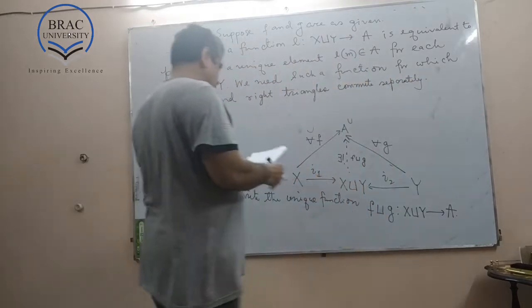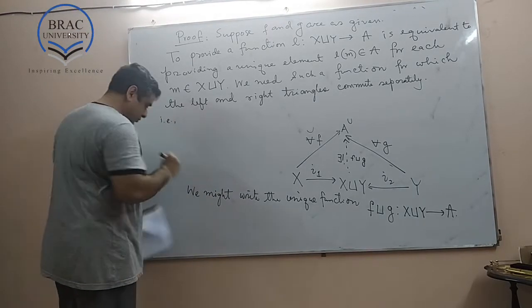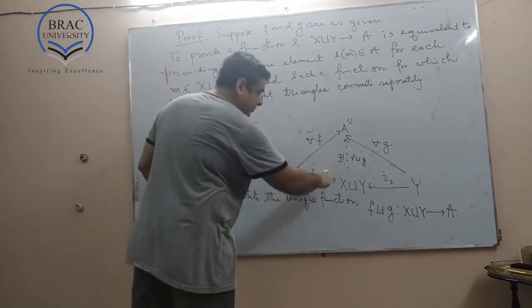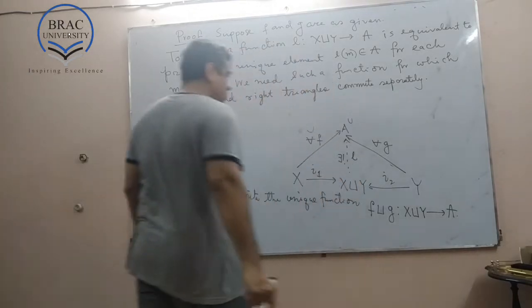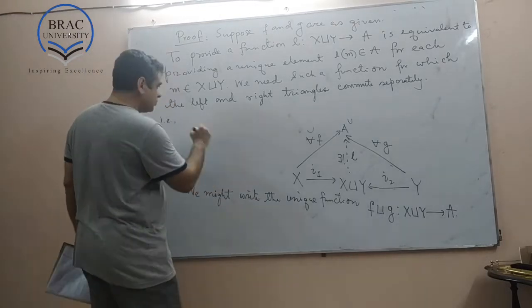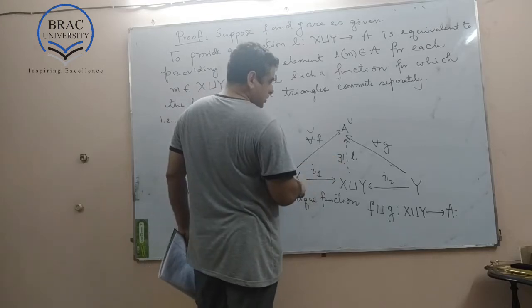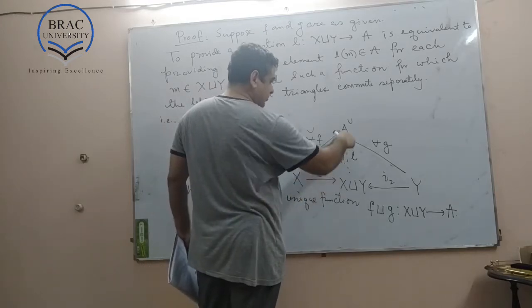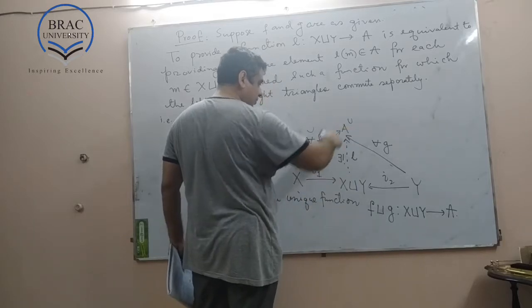That is, if you take the left triangle, we're denoting it with L now. If the triangle commutes, we must have L composed with I1, so the two paths here from X to A, one path is this one and the other one is this one.